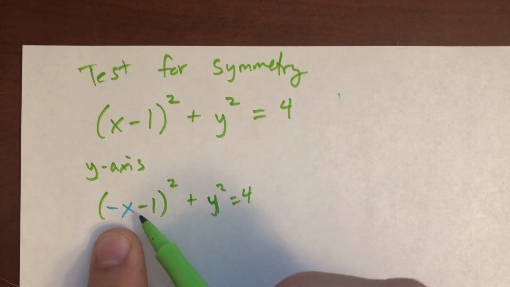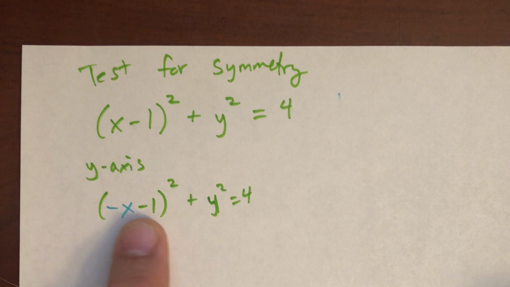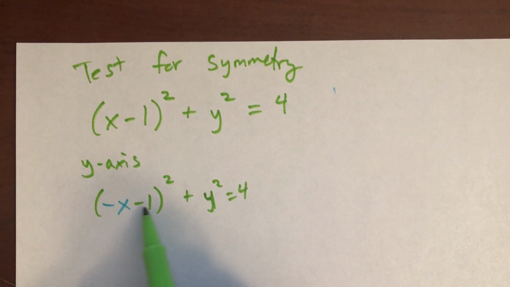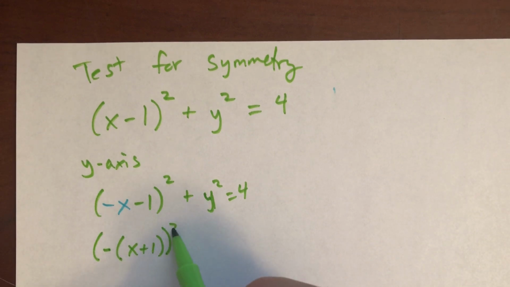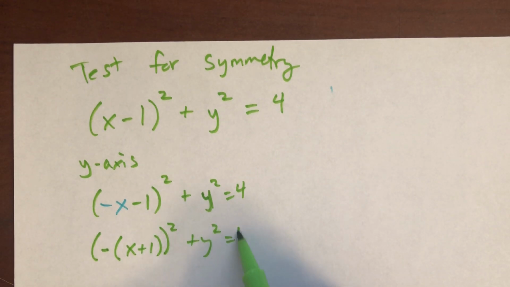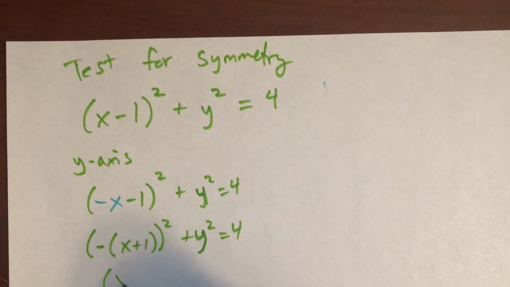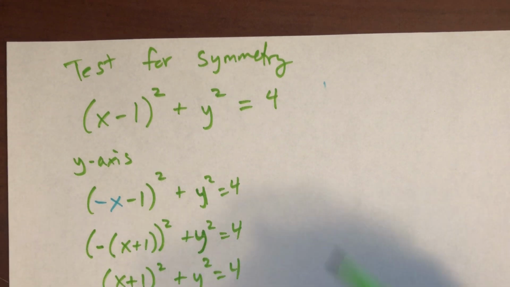I mean, it might be. Maybe we can simplify what's going on in here. We might be able to do that. So I don't know, maybe we can take a negative out of here. And then we can simplify this, right? The square of a negative is positive, and then the square of this is just going to be the square. So we got (x plus 1) squared plus y squared equals 4.